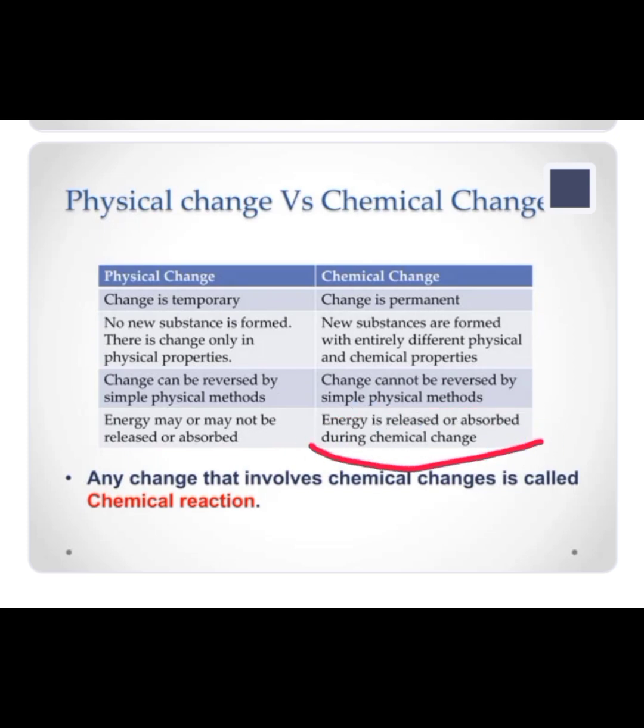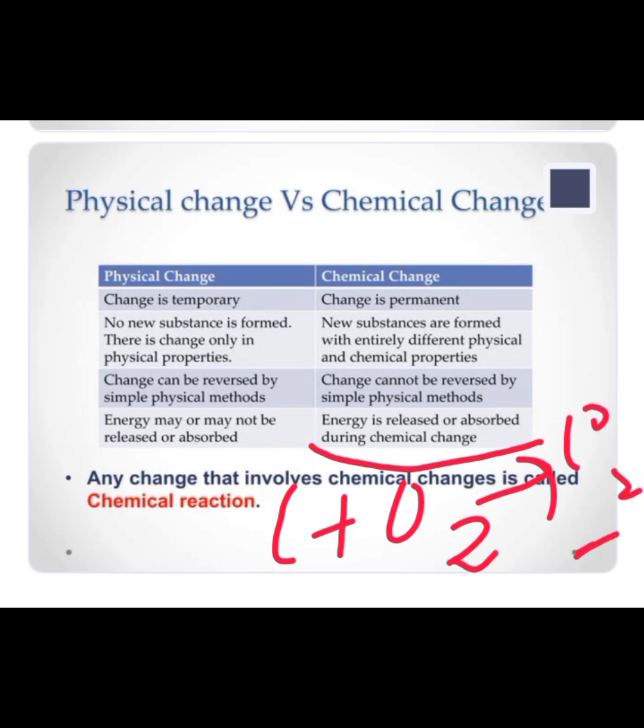And the point regarding energy is that energy is released or absorbed during the chemical change. Like carbon combines with oxygen to form carbon dioxide. This is the oxidation of carbon as a coal or coke.